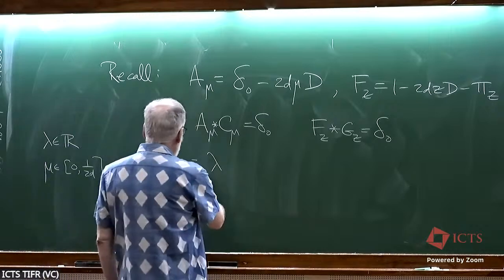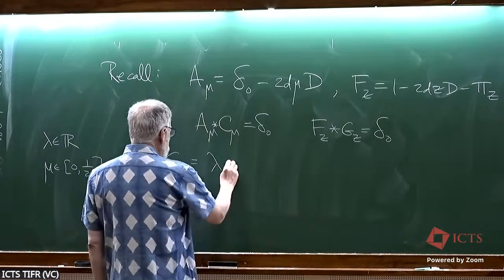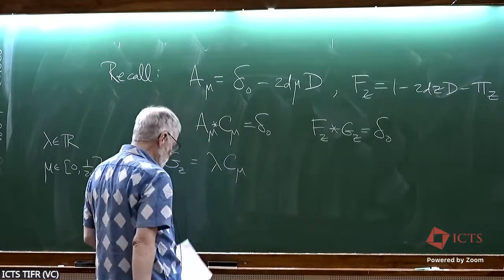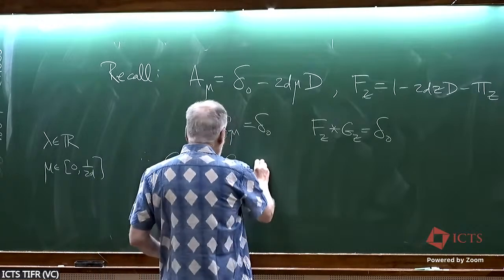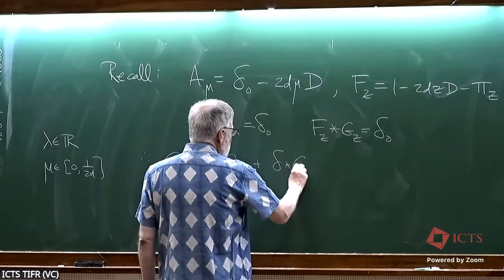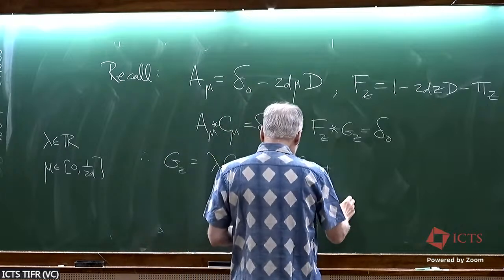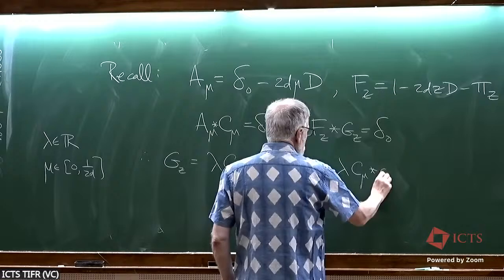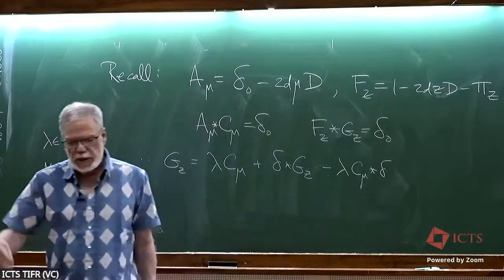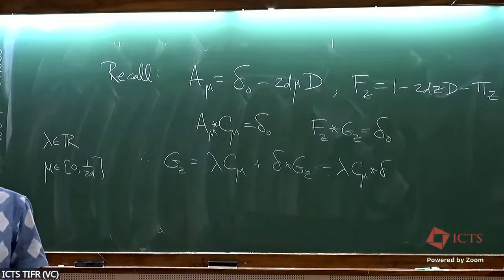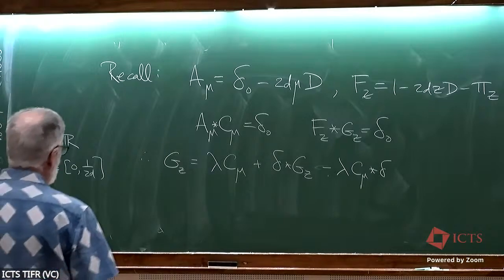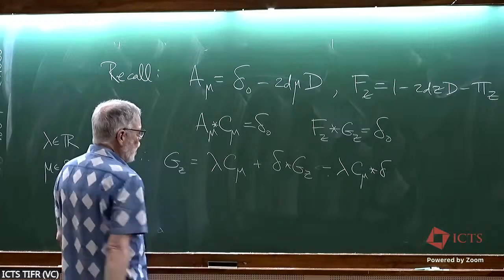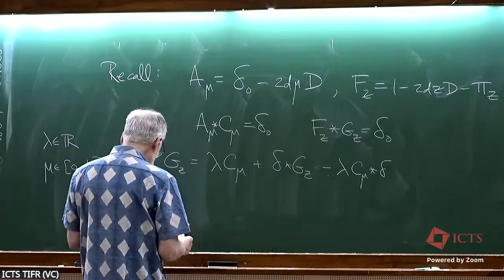And I'm going to write g_z as lambda times c_mu plus delta star g_z minus lambda c_mu star delta. So delta is the identity for convolution. So when I start with delta, nothing happens. And so this just says that g equals g, which we already knew.